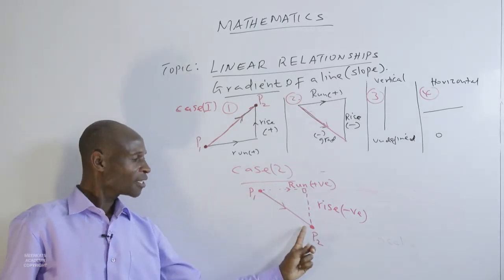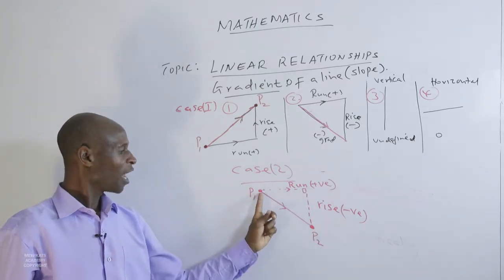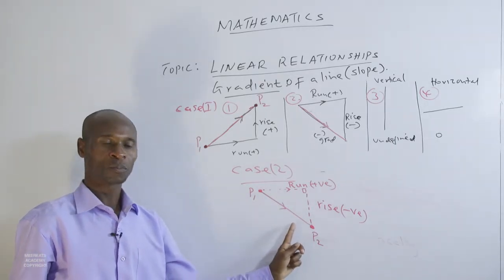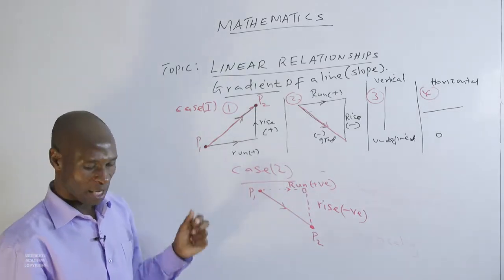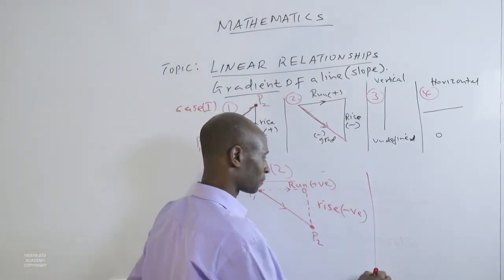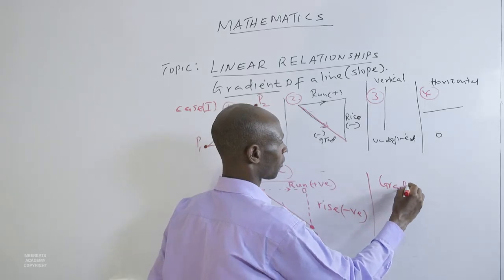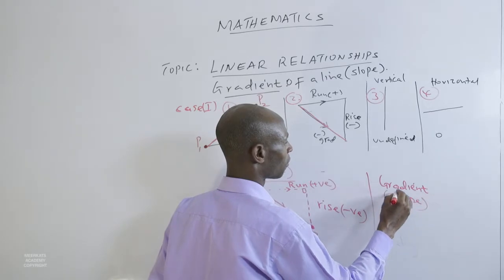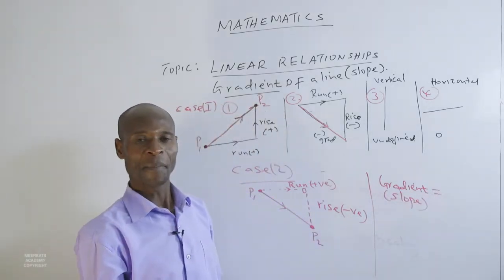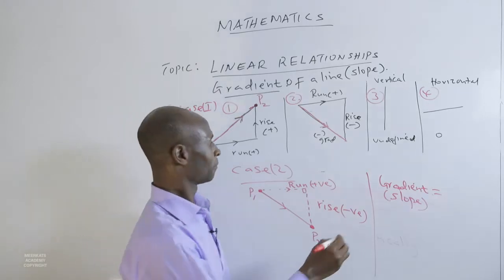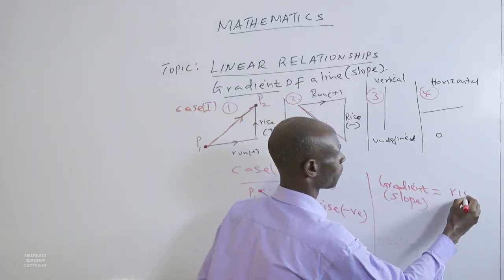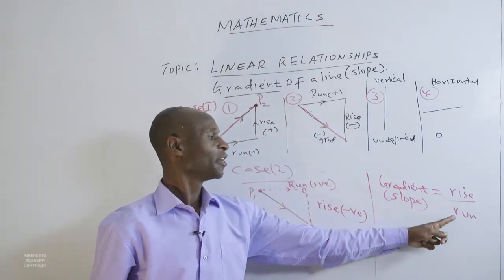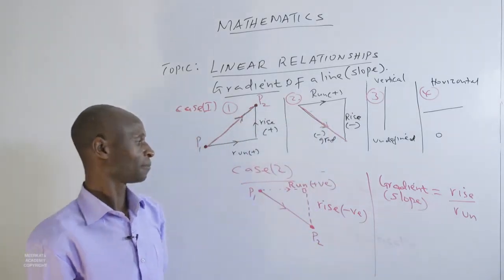Therefore, how do you calculate the gradient of the line from point P1 to point P2? We apply the formula: gradient or slope is obtained by taking the rise divided by the run.